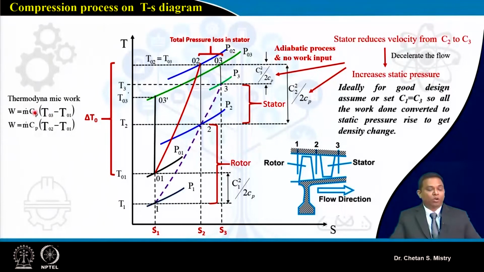Many times people get confused between T03 and T02, but remember we have assumed the process in my stator is adiabatic, and that's the reason why I am writing that as m dot Cp (T02 minus T01). So this is all about what is happening in a single stage of an axial flow compressor.